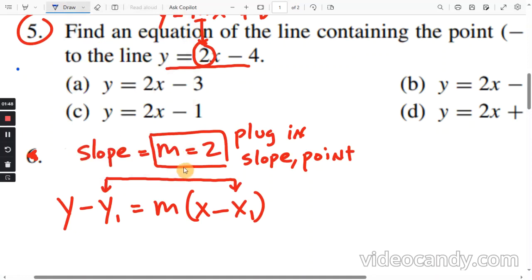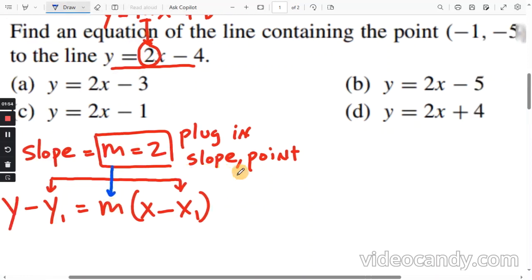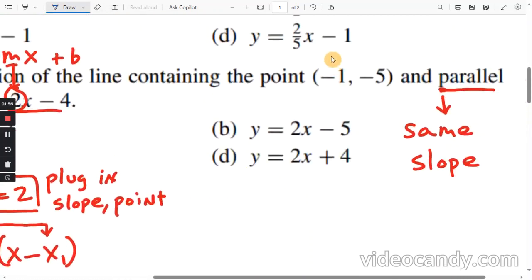So the slope we have already, that's easy. The slope m goes right in there. And the point is given, -1, -5. That's going to be x1 and y1. Okay, remember x is always the first coordinate and y is the second coordinate.